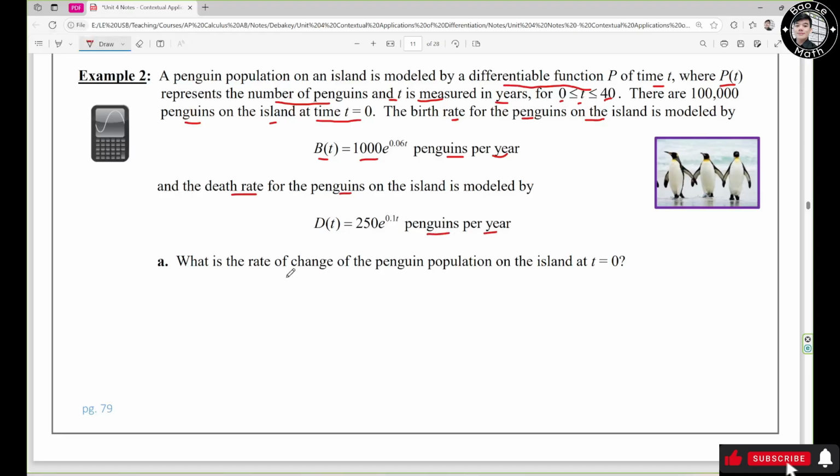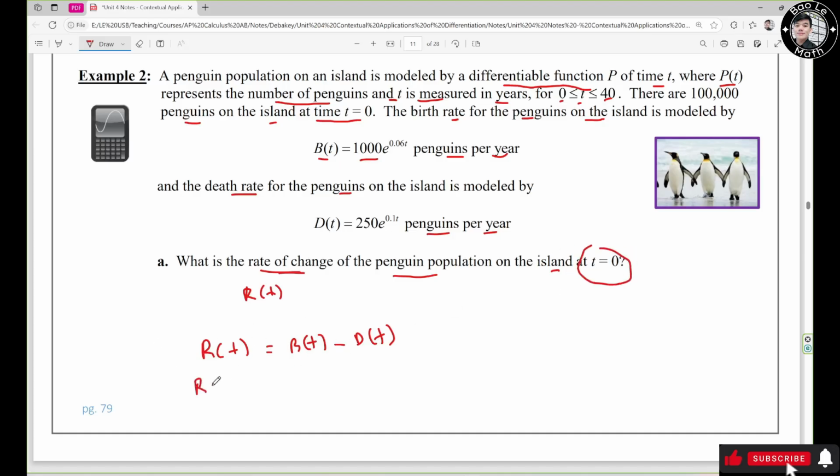Question A: what is the rate of change of the penguin population on the island at t equals 0? Now let R(t) represent the rate of change of the penguin population on the island. Then R(t) equals b(t) minus d(t). You need to evaluate this at t equals 0.